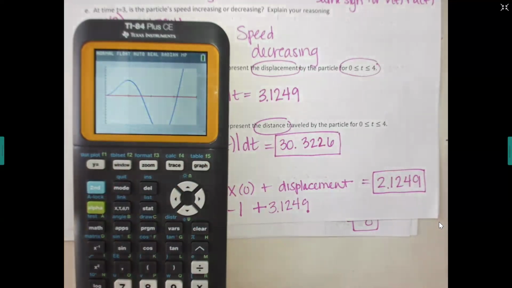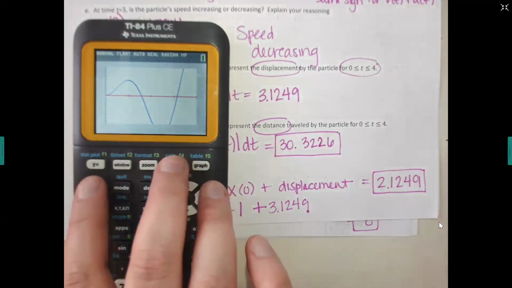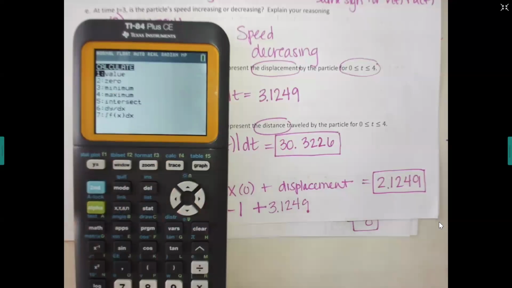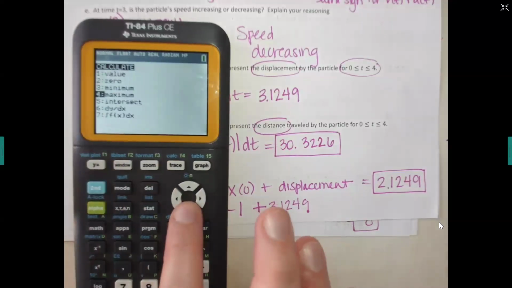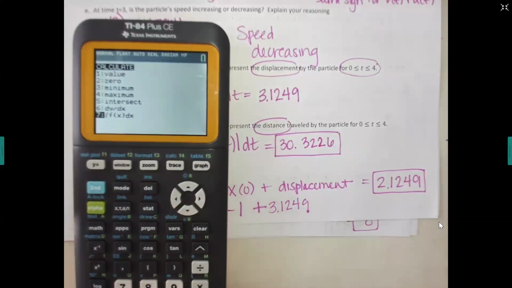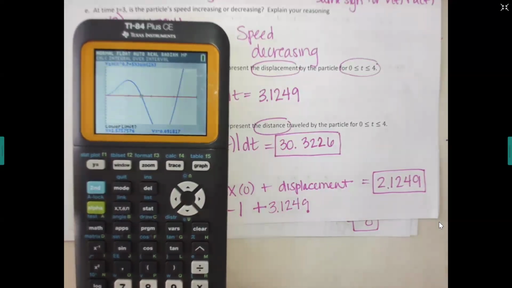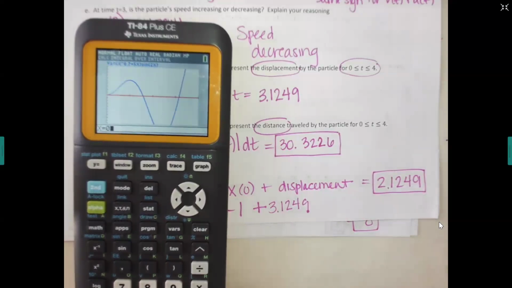Okay, last place I want to show you how to take an integral is second trace in here. Do you see the one that looks like an integral? Number 7. And then you would say, I want to integrate from, let's say my lower limit, I'm going to put 0, enter. And then my upper limit, I'm going to put 4, enter.